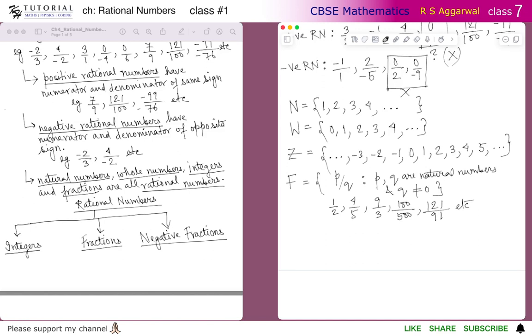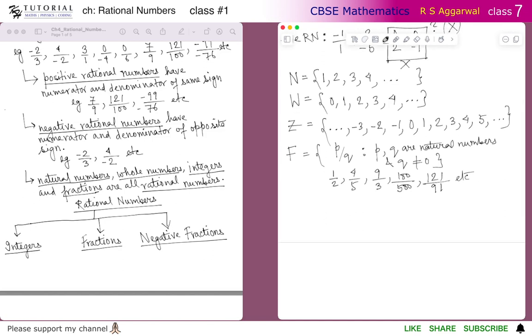Now, rational numbers, which I'm denoting as Rn. Rational numbers are nothing but the collection of the integers, plus, please do not consider this plus as an addition operator.